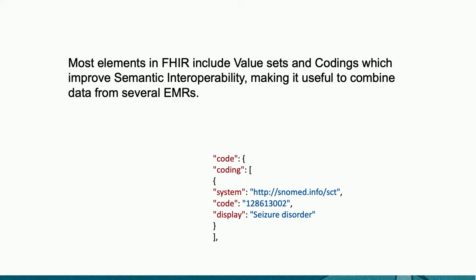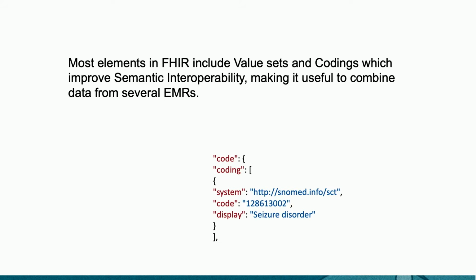So why is FHIR valuable as an interchange format? Why is it rising in popularity? Well, one of the things that FHIR offers, and this is just one advantage, is that it contains frequently value sets and codings that improve semantic interoperability, something lacking in HL7 v2.